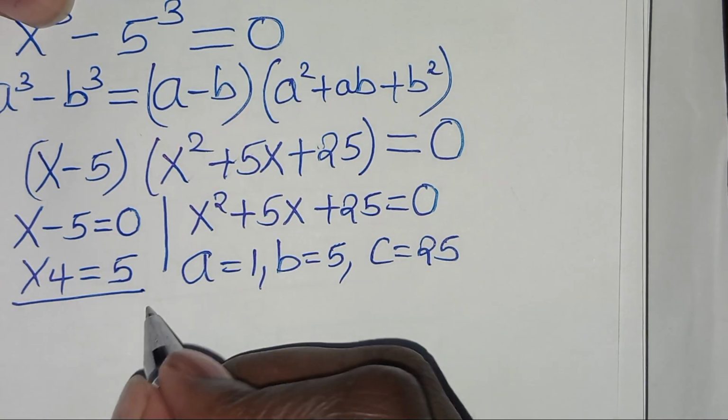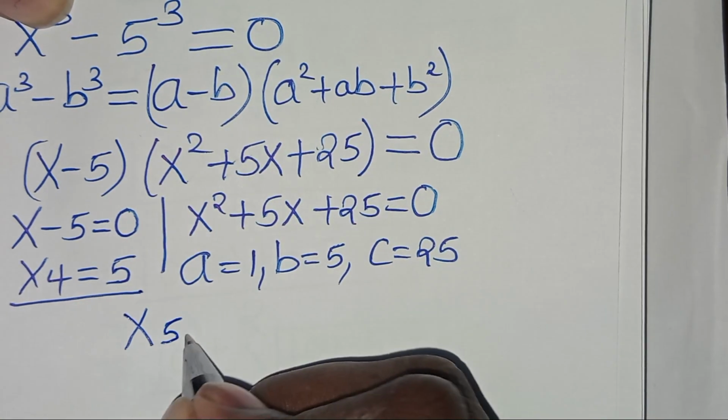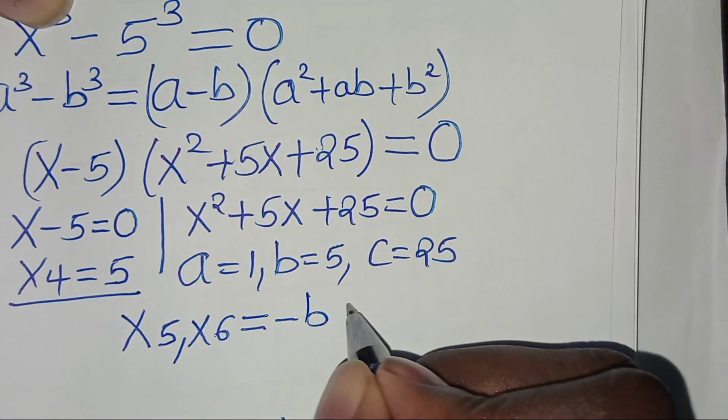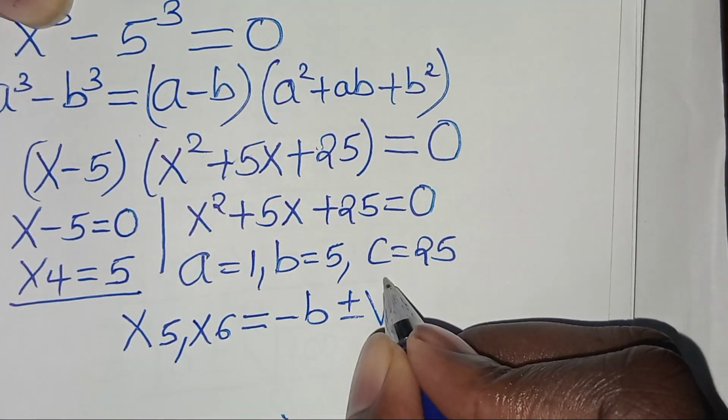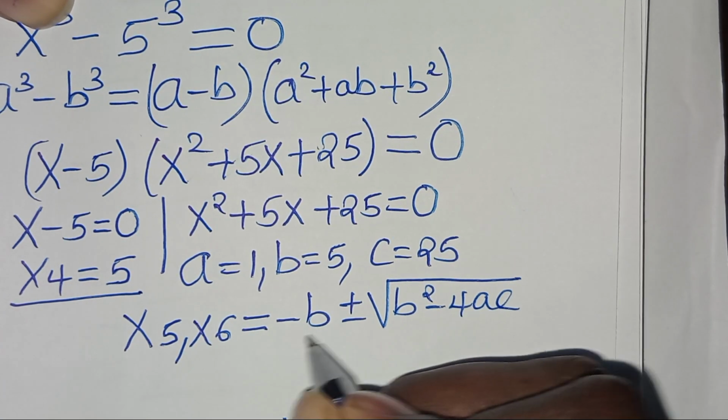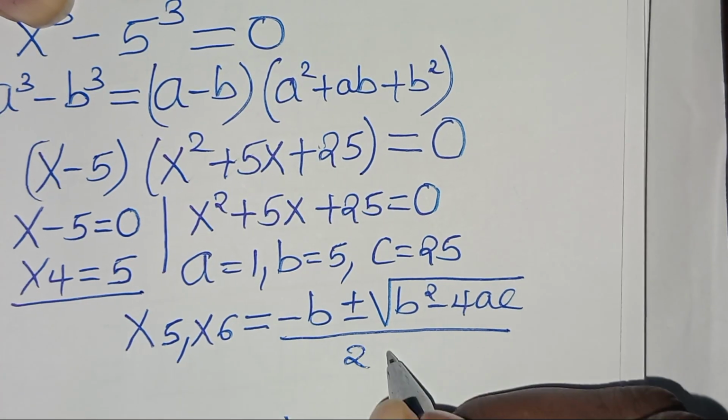Now to solve for x5, x6, this is equal to minus b plus or minus the square root of b squared minus 4ac, everything here divided by 2 times a.